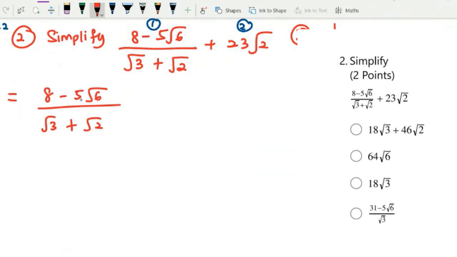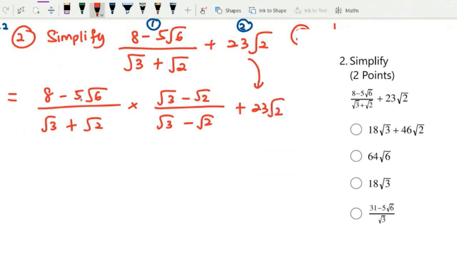Of the denominator, that will be multiply with third 3 minus third 2. Okay, so third 3 minus third 2, and then barulah tambah balik plus 23 of third 2.